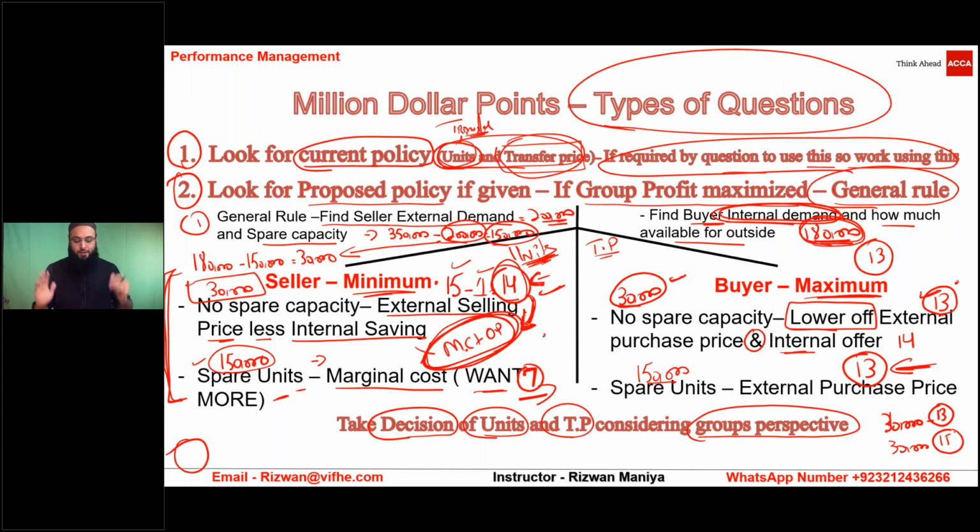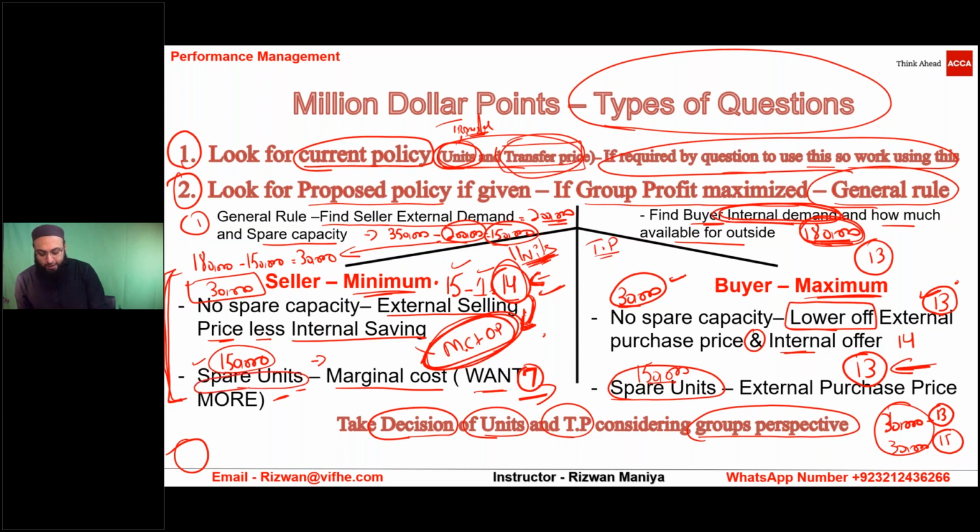It's good that the seller sells outside for 15 as he was doing previously and the buyer buys from outside. I'll answer all your questions once I'm done with this, okay? Hold on then. Now, what about these 150,000 spare units?